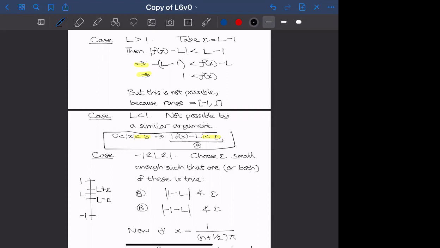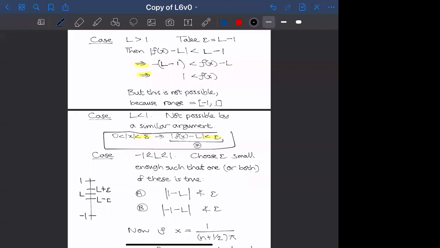I can choose an epsilon, and vice versa. But if L is inside the interval, it's not either minus 1 or 1, then I can choose an epsilon such that both of these are true, and the picture shows that.